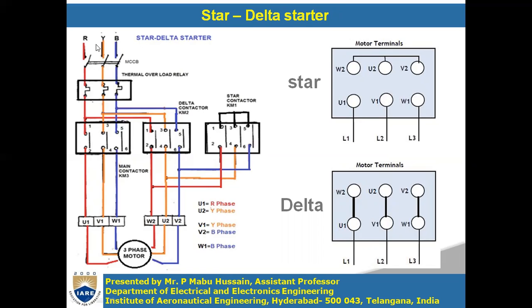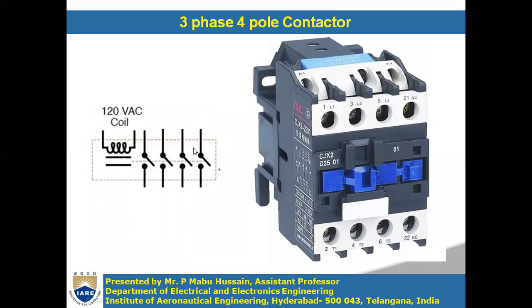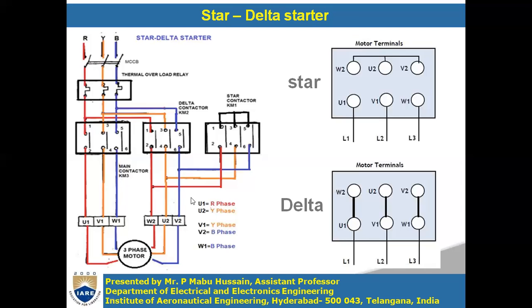Now this R Y B supply will first be given to the main contactor's one side terminals. Your contactor will have 4 poles. On one side you connect the supply, and the other side is given to U1, V1, W1.